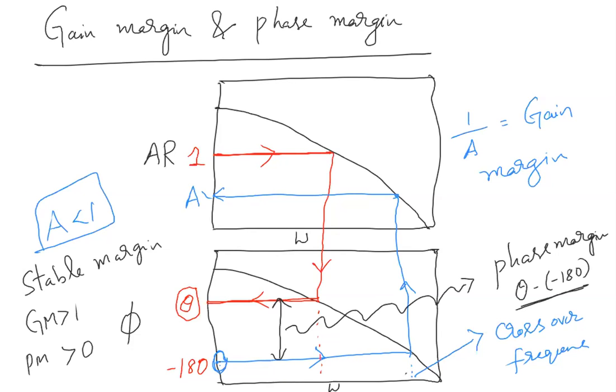At that frequency, calculate the amplitude ratio, which is A. That A is the amplitude ratio, but 1 by A is called the gain margin. So just remember these procedures.